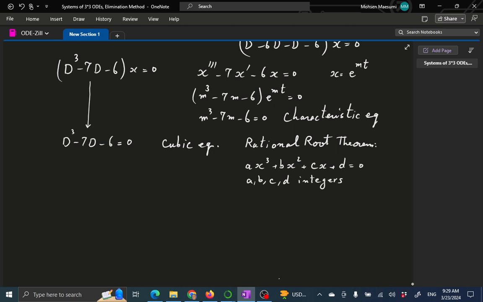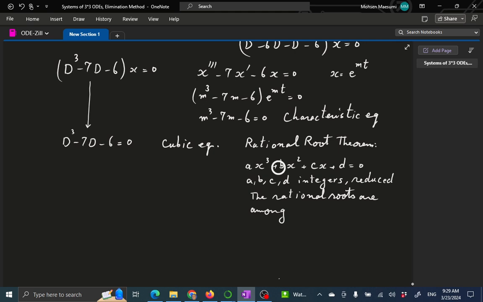And of course, a is not 0. What are possible rational roots of this equation? The theorem says the rational roots are among... By the way, before I proceed, a, b, c, d are integers, and they are also reduced, to simplify our task.